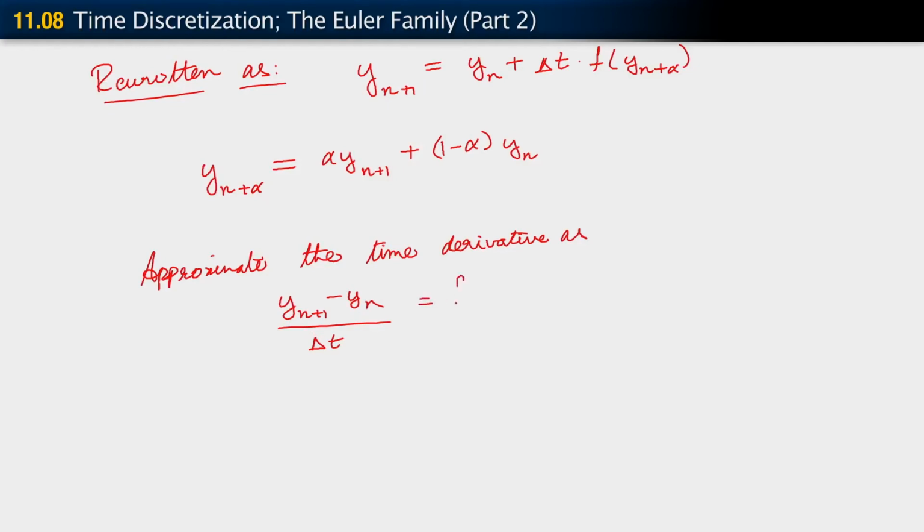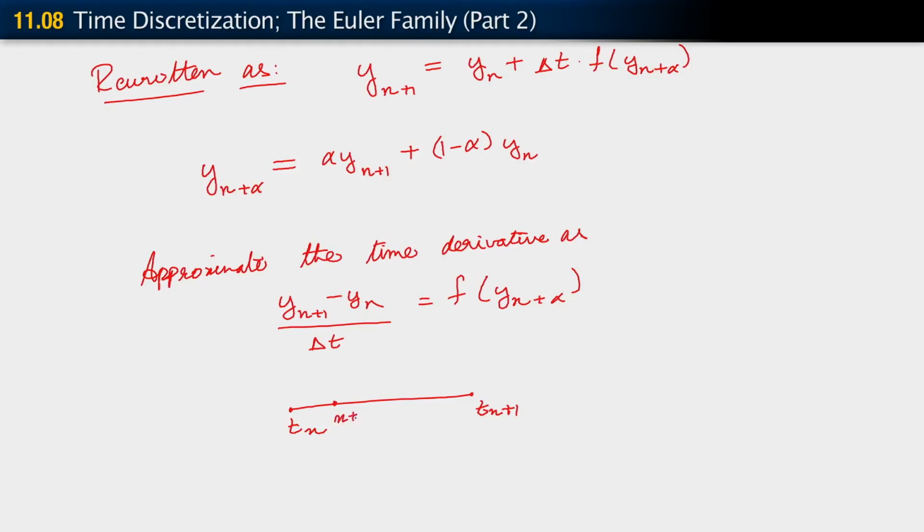And by requiring it to be equal to f at n plus alpha, this is where the design of our algorithm also comes in over the various possibilities in the Euler family. If we are trying to go from Tn to Tn plus 1, we're saying that the average rate between Tn and Tn plus 1 depends upon f, and we are leaving ourselves the flexibility to evaluate f at any point inside here.